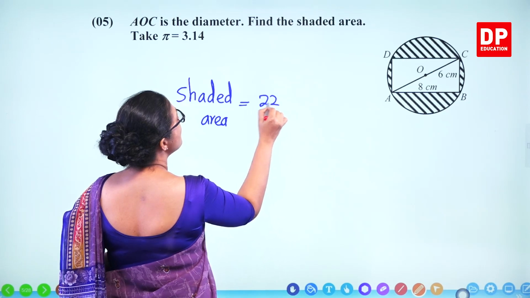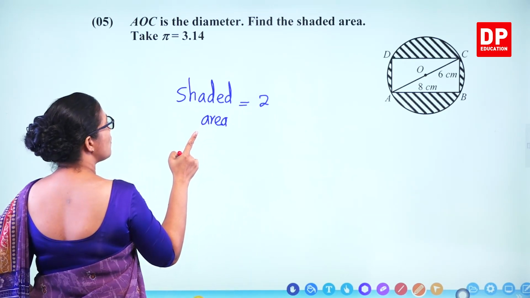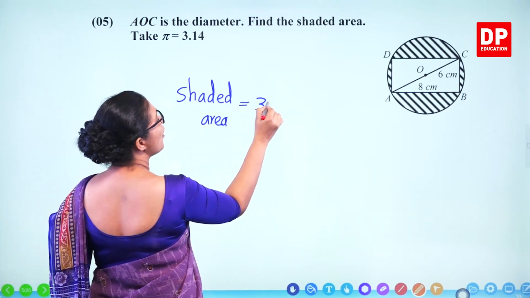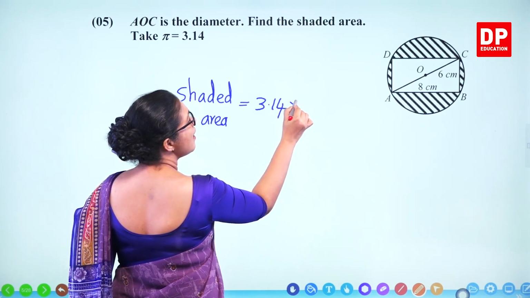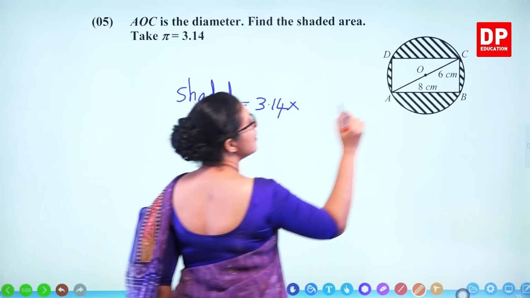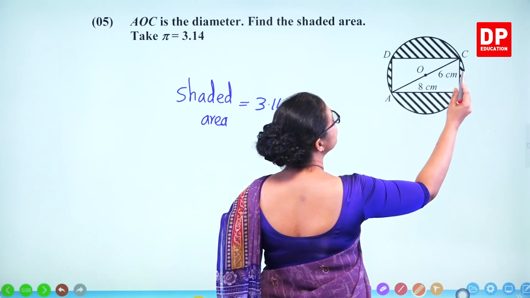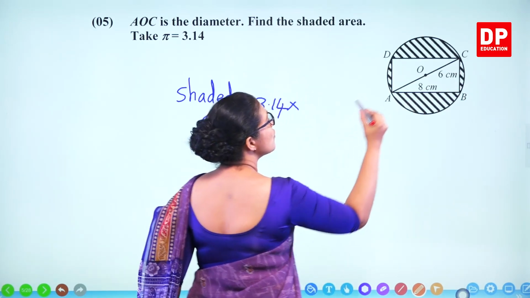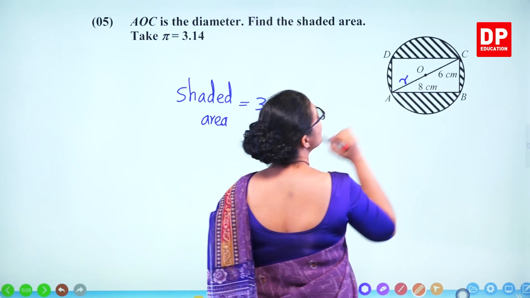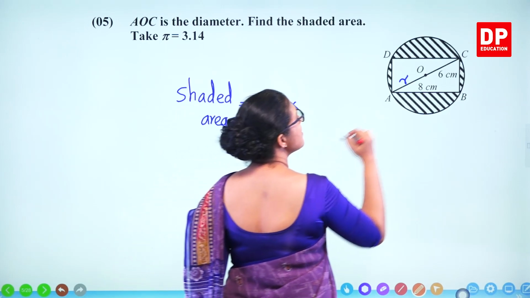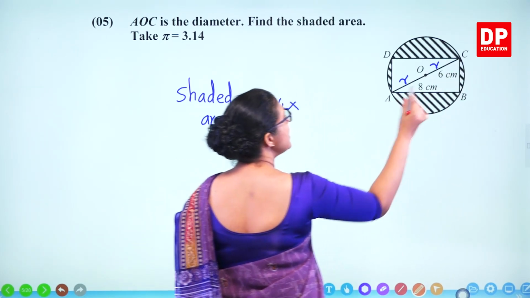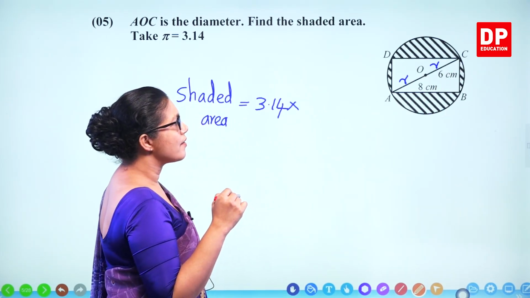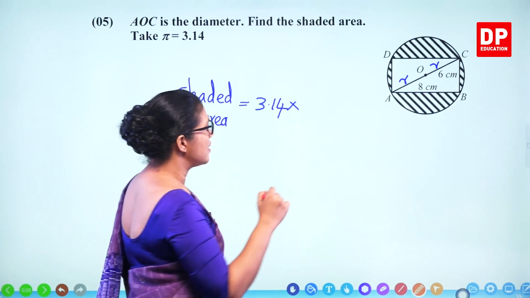Not 22 over 7, now you have to take pi as 3.14. What's r? Here the diameter is given, so we'll first find that. r is the radius, so the diameter becomes 2r. So you have to find r first.